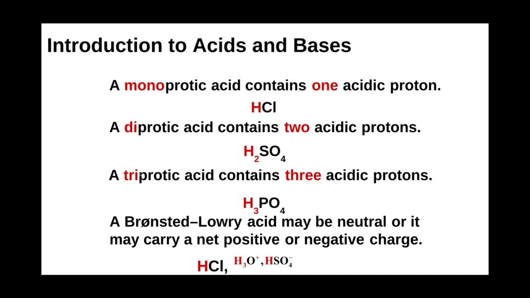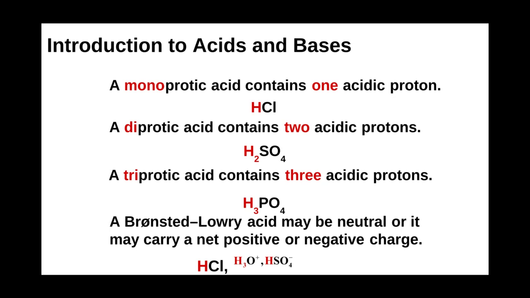And then finally, we have a triprotic acid, such as phosphoric acid, where we have three protons that can be donated as this acid breaks down. So you can gauge what it's going to be simply by how many hydrogens it has attached to its A group, right? Because the generalized form of a Brønsted-Lowry acid is HA.